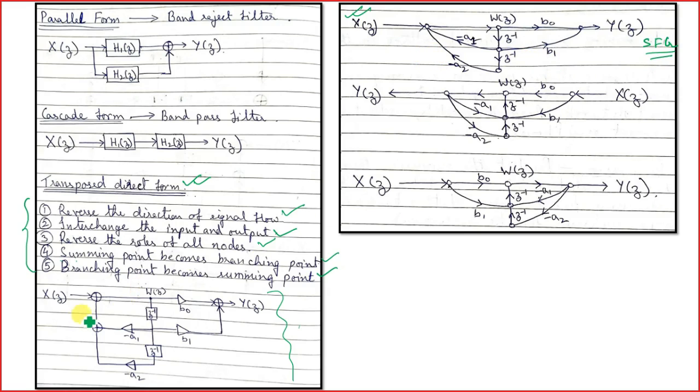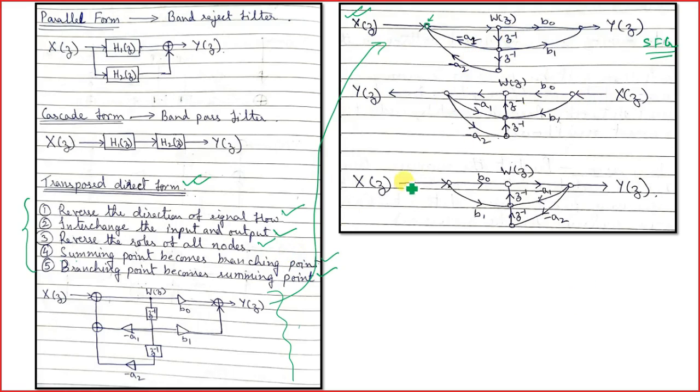Now what I have done, see, there is an adder, so I have put an adder over here. So these circular points are adders, and these arrows with some superscripts or subscripts are the multipliers. So I have just taken this architecture and drawn its signal flow graph. So how the signal flows over here. Okay.